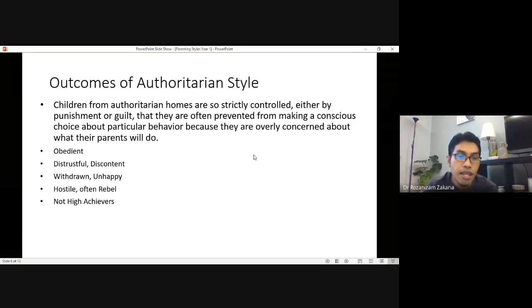Withdrawn, unhappy, hostile, and not high achiever. That's also a possibility. But there are also people who have authoritarian parents, but better in academics, and one of the reasons is because the parents control their time, their study, their schedule and stuff.